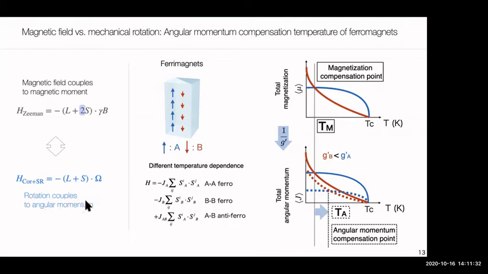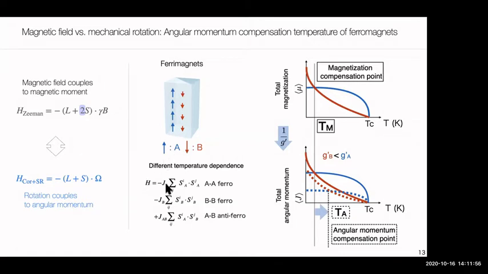So there is a slight difference between these two couplings. If you consider ferrimagnets, a ferrimagnet consists of two magnetic moments, A sublattice and B sublattice, and generally these two sublattices have different temperature dependence.